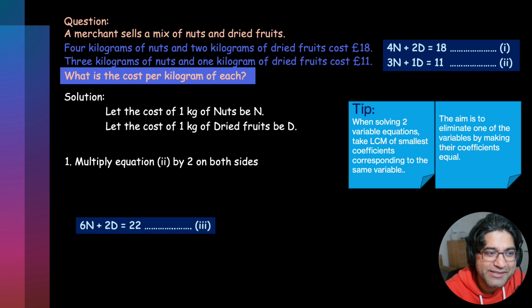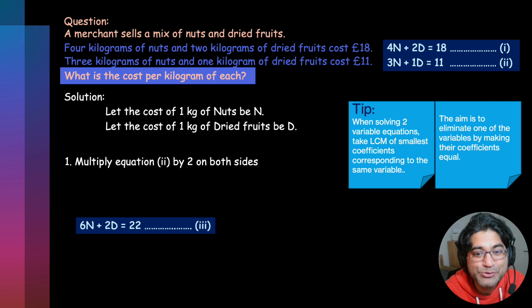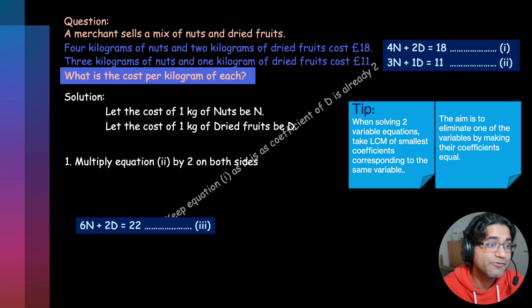So my equation will become 6n, which is 2 times of 3n, plus 2d, which is 2 times of 1d, equal to 22, which is 2 times of 11. So I've simply multiplied every term in the equation by 2 so that my coefficient of d is same as my coefficient of d in the other equation.